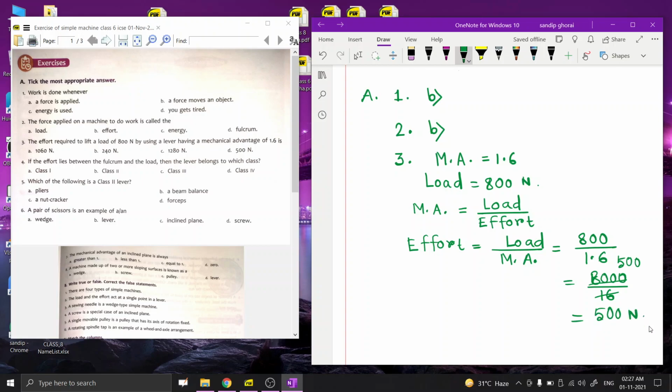So the option D is the correct answer for question number 3.